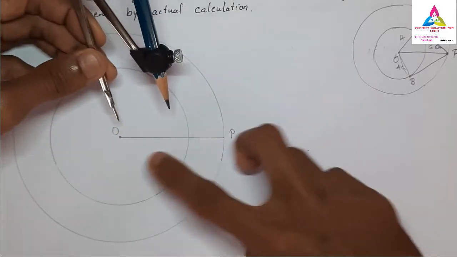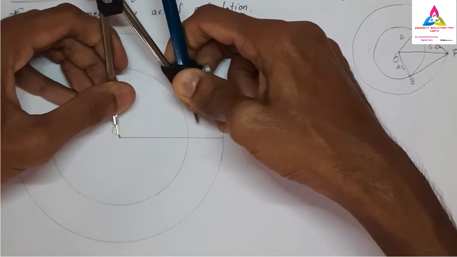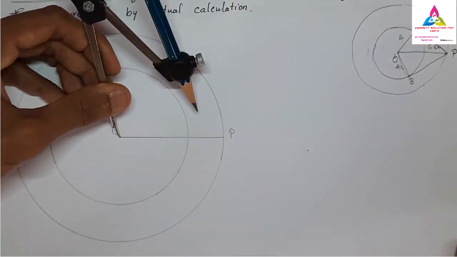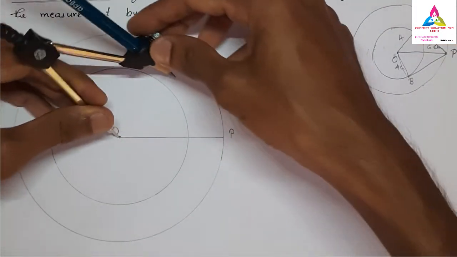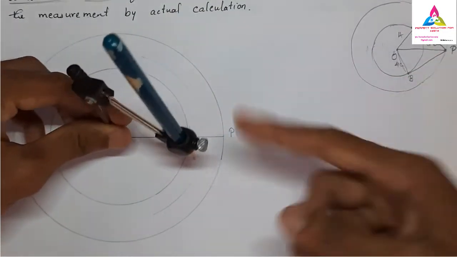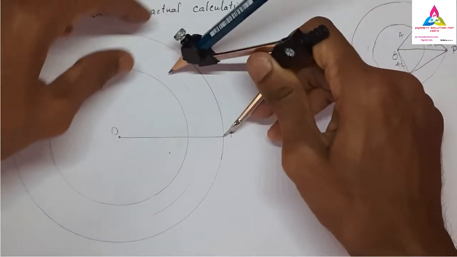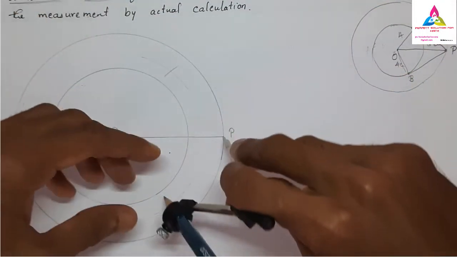So 6 we have, so it will be 3. Don't measure it directly using the scale, because according to the rule we have to use a compass. So take a little bit more than half and draw one arc over here, and again a similar arc you have to draw here, but don't change the compass length. Now keep on P and draw one more arc which will cut the previous arc.